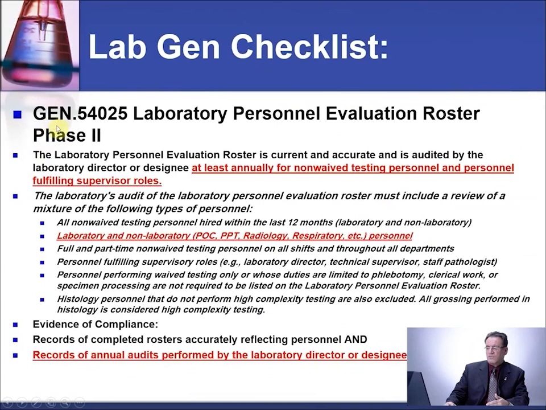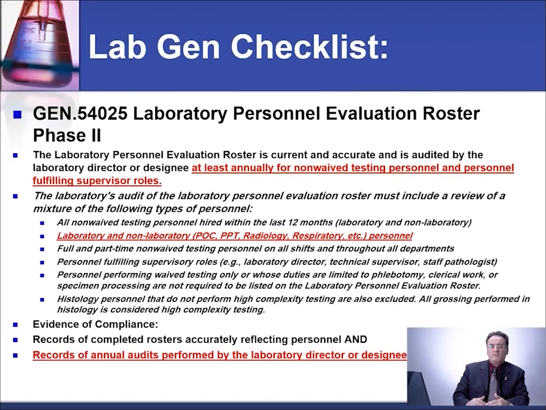For Gen 54025, laboratory personnel evaluation roster: a roster means that for non-waived testing, you need to include the list of all employees who work in the lab. The employee roster is available on the CAB site. You need to download it and fill it, and send that to CAB initially with your first inspection.